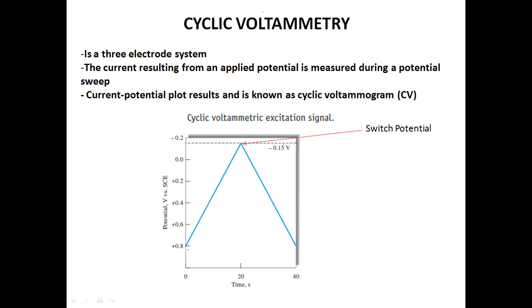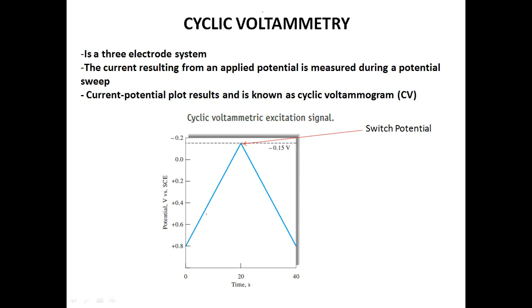This is the forward potential and this is the reverse potential. The potential where the scan is reversed is called the switch potential, and the voltammogram you get is called a cyclic voltammogram, which is a plot of current versus potential.